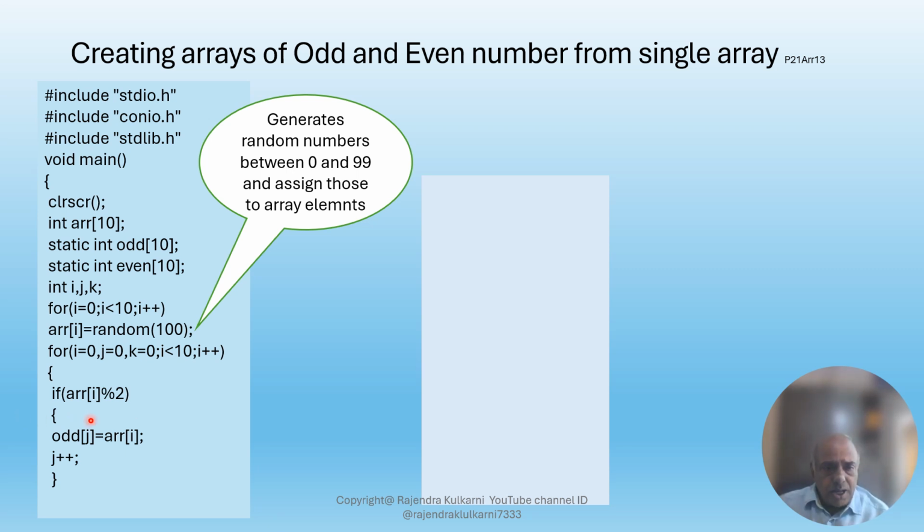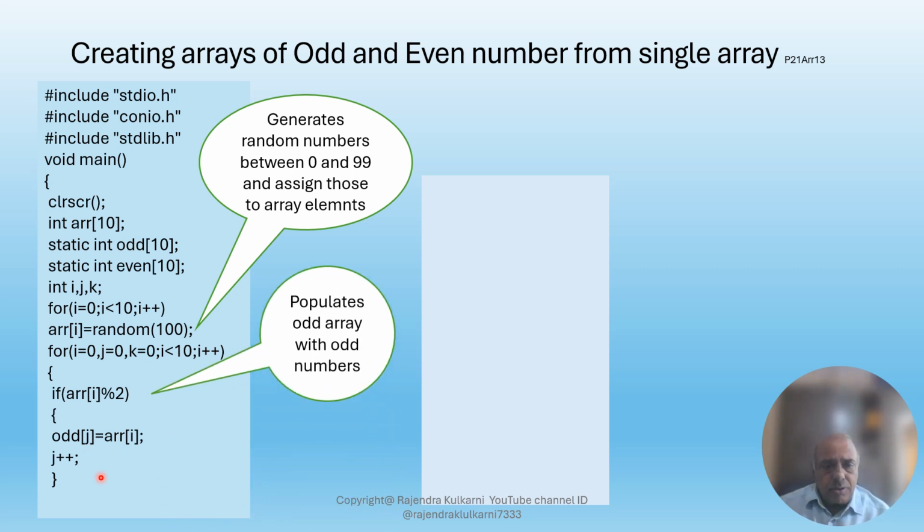So arr[i] mod 2, modular division by 2, if it evaluates to 1, it means the number in that particular element is an odd number, and that will be collected in the array which I have named odd, into its individual elements.